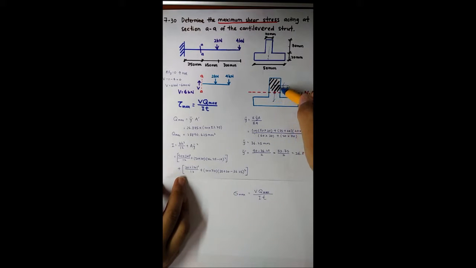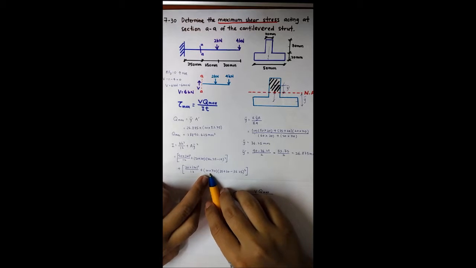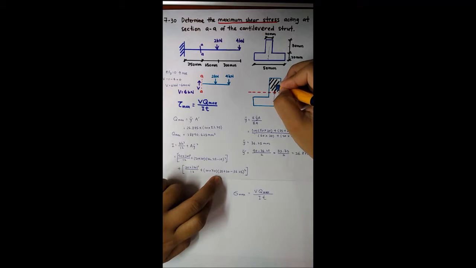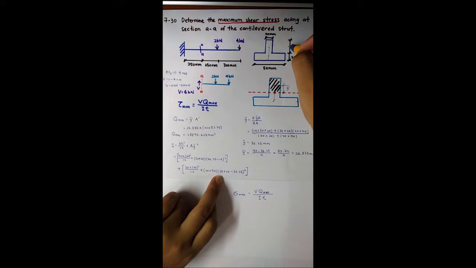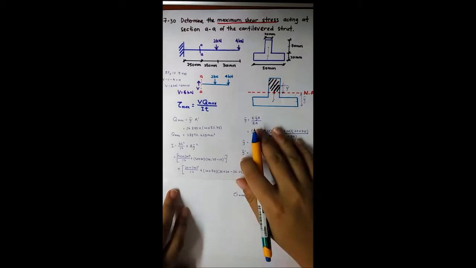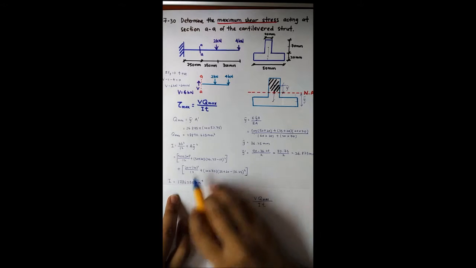For this section, 20 times 70 to the power of 3 over 12 plus 20 times 70 times here to the neutral axis, means 35, half of the 70, plus 20, minus neutral axis y bar. We get I equals 1786,250.